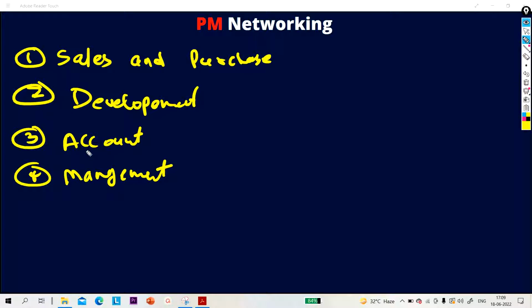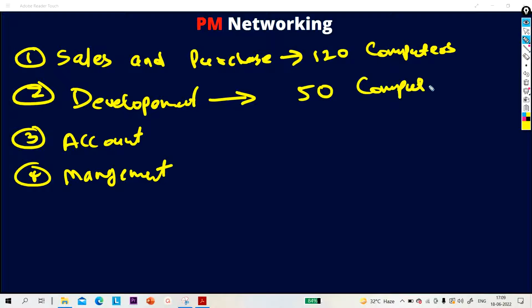Okay, now we have 4 departments in an organization. In department 1, sales and purchase, we need to connect 120 computers. In department 2, development, we need to connect, suppose, 50 computers, right? In department 3, accountant, suppose we need to connect 26 computers, right?